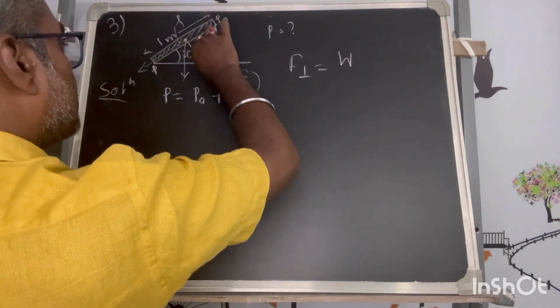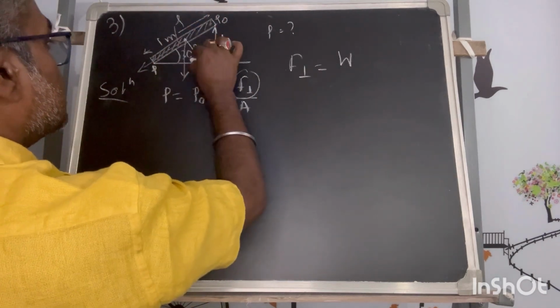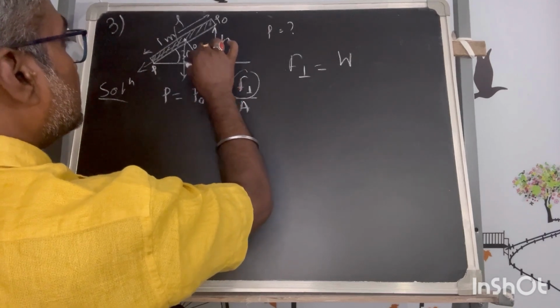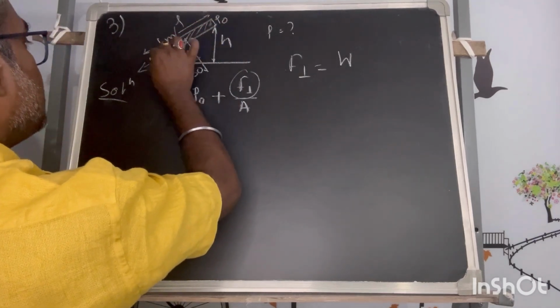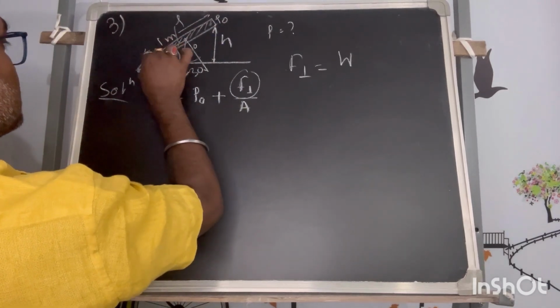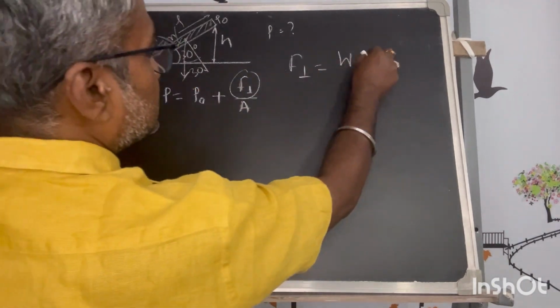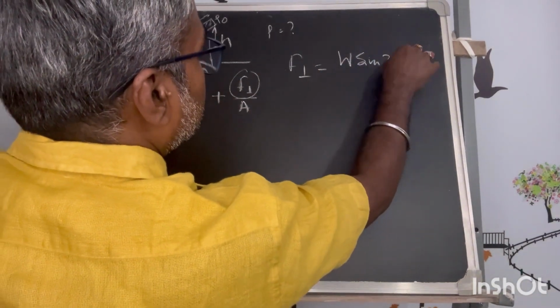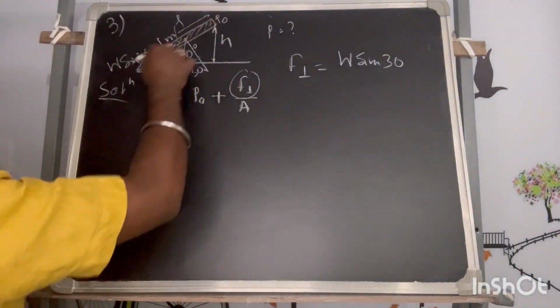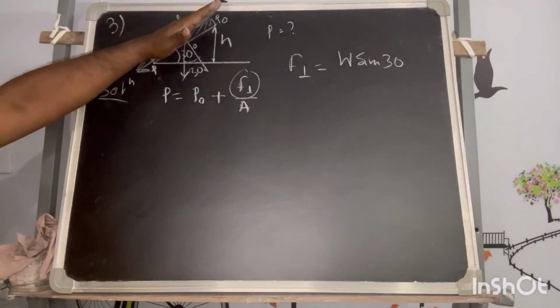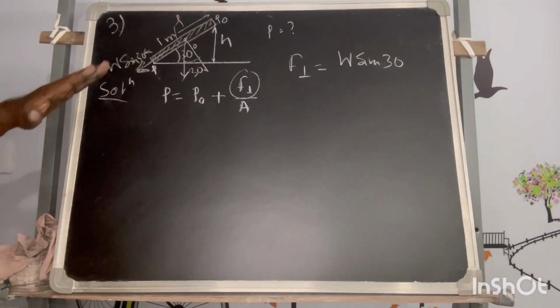One component I can assume this way. If this is 30, this is also 30, and the other component, on this side, is basically W sin 30, which is equivalent to the perpendicular force acting on the fluid column vertically on the surface.